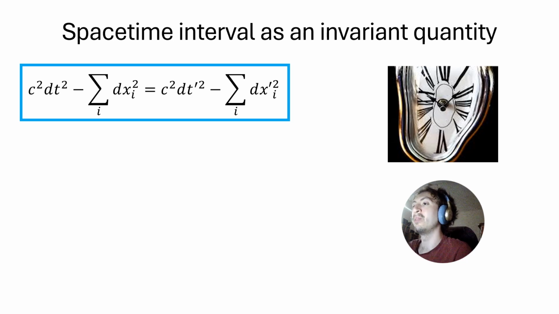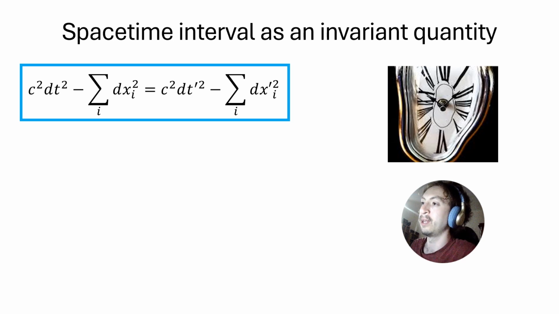Then our distance is no longer dx, so our distance squared is no longer dx squared. Our distance squared is going to be the sum over all axes of the distance moved in that axis, squared.